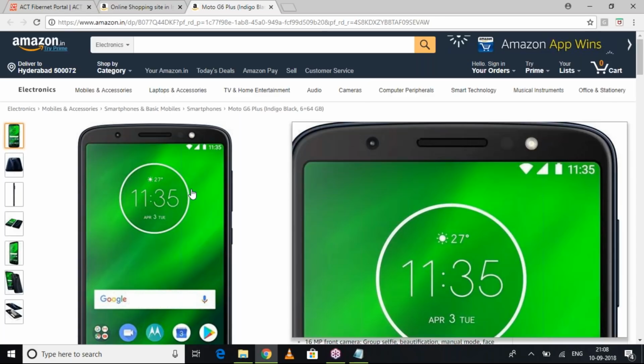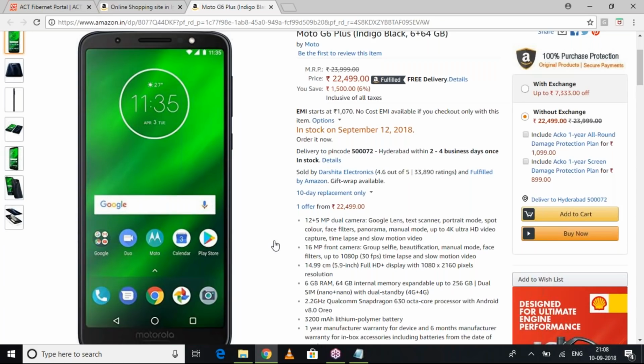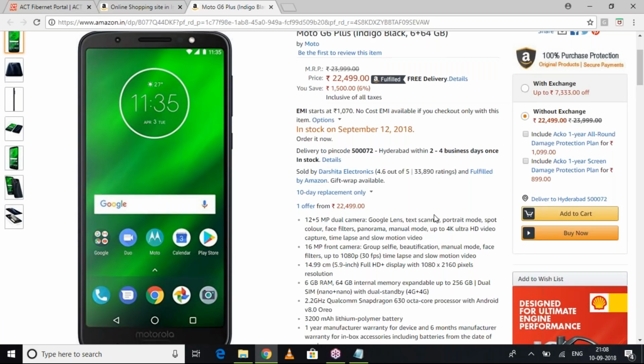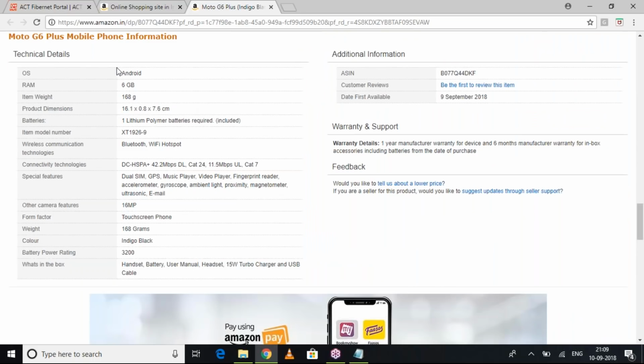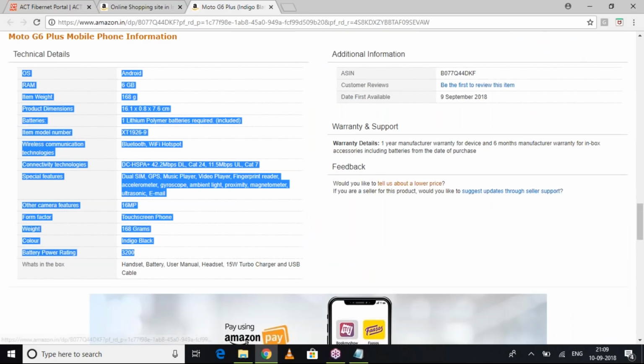If I select the mobile, it will display information about the mobile. Here you can see information about the mobile, and I want to see the complete information of the mobile. This is the complete information.